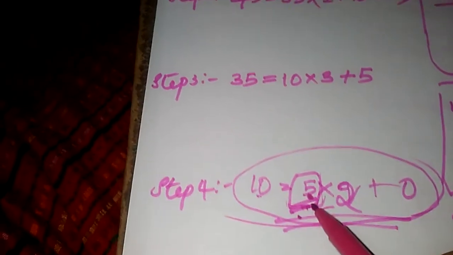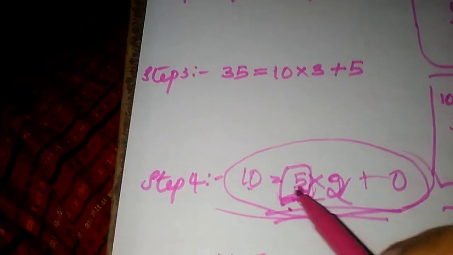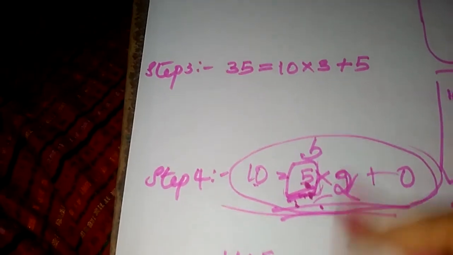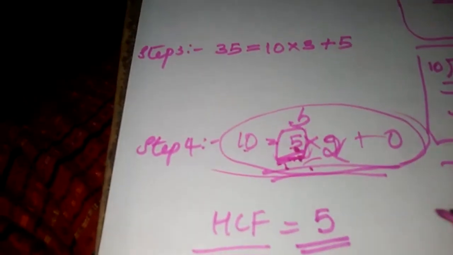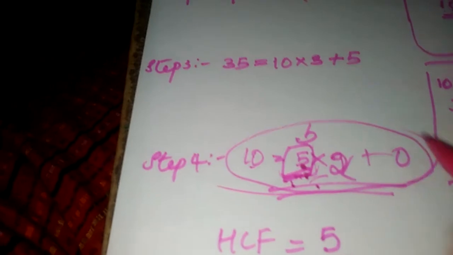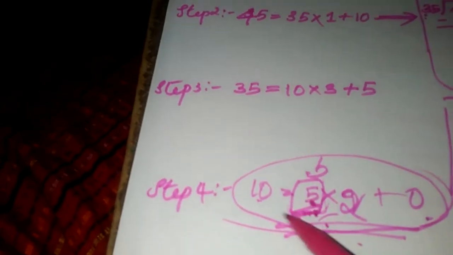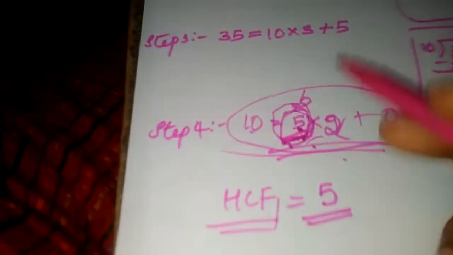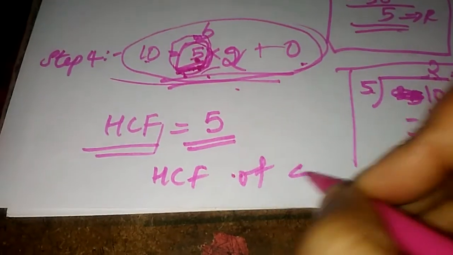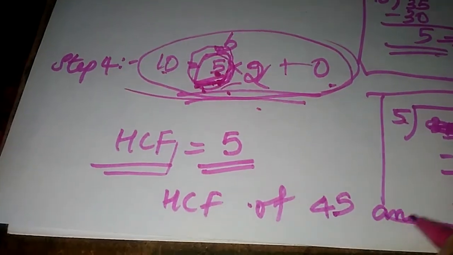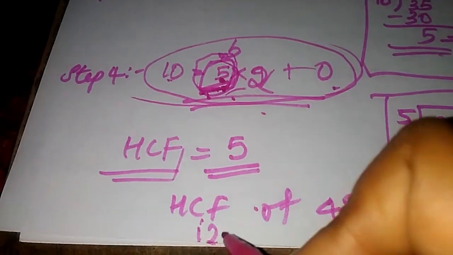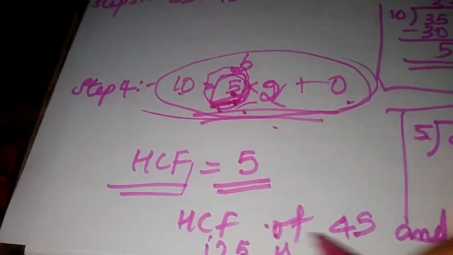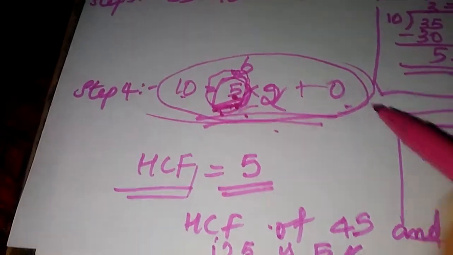That means b in the last step is the common factor, the highest common factor. Up to remainder 0 we have to do these steps, and from this, b is the HCF. So the HCF of 45 and 125 is 5.